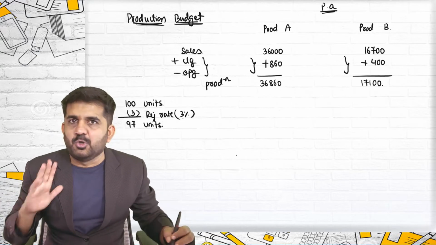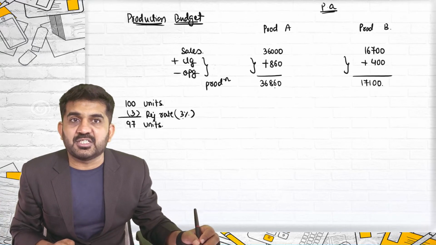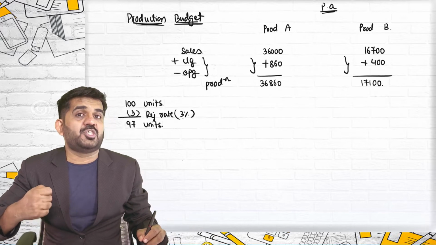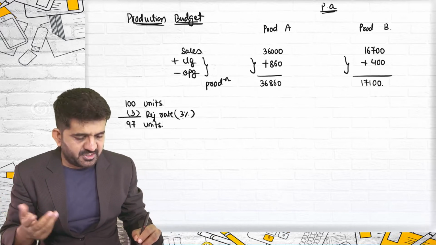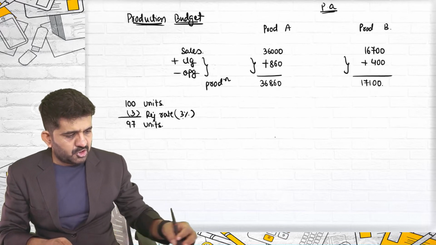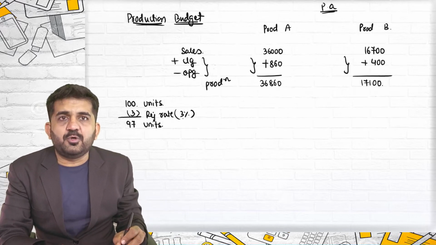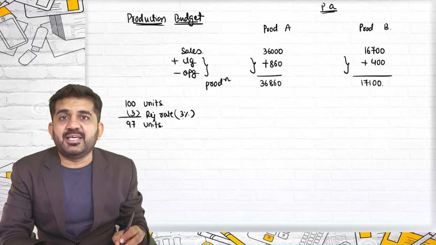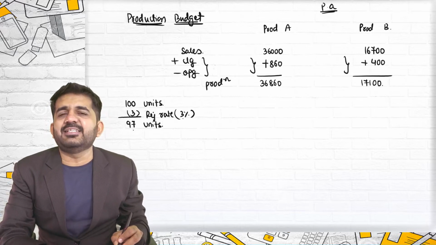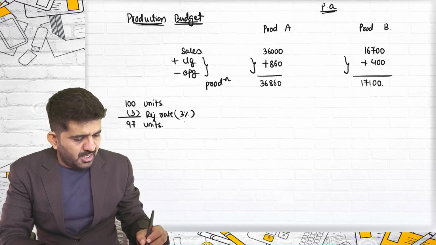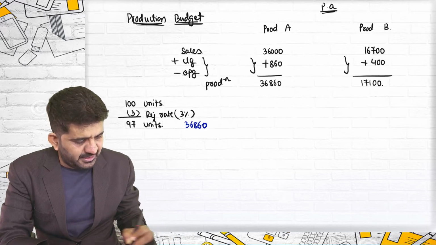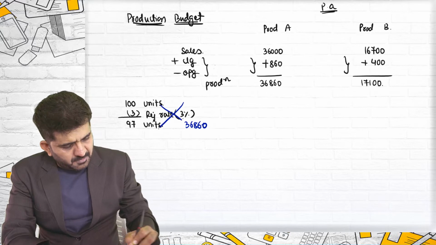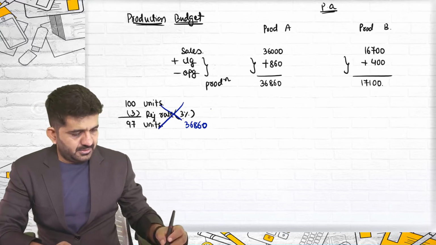So, how much production you want to sell? 36,860. Sale plus closing is 36,860. But you will have to manufacture something more because 3% is always rejected. Say I am doing this cross multiplication. If 100 units are input, 3 is rejection rate and 97 units are manufactured, I want manufacturing of 36,860. I can just cross multiply this.